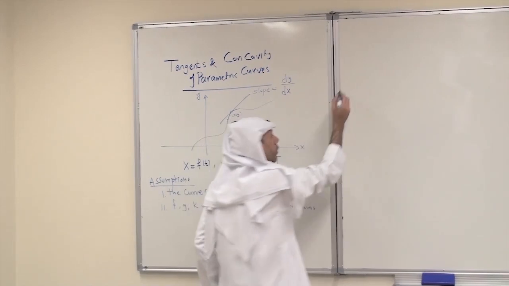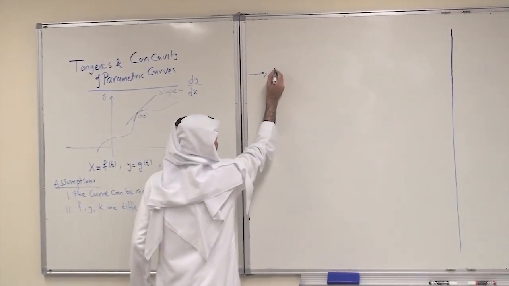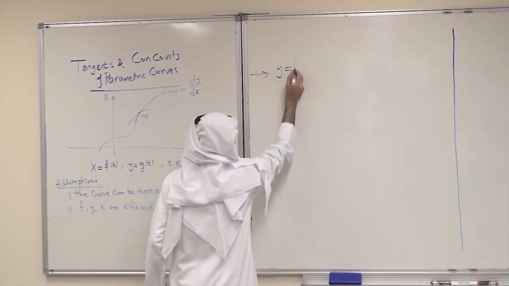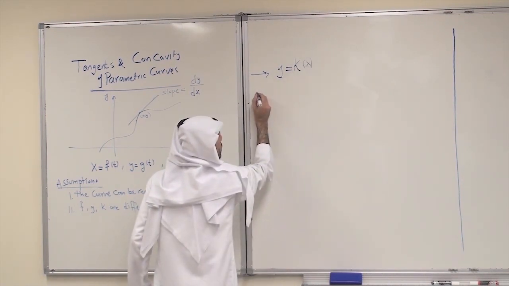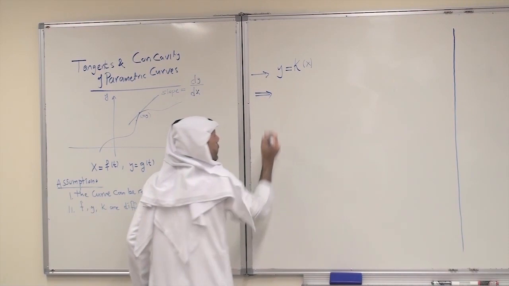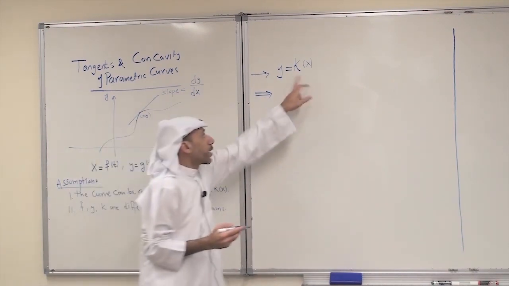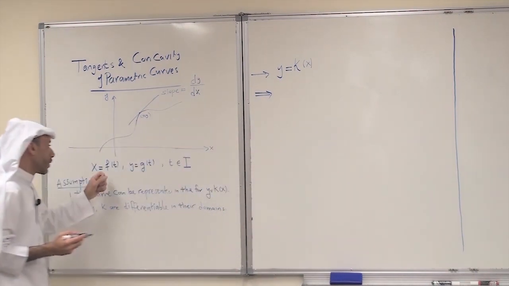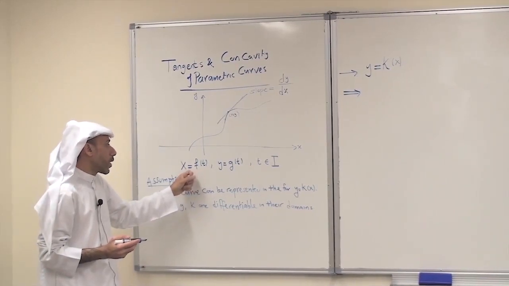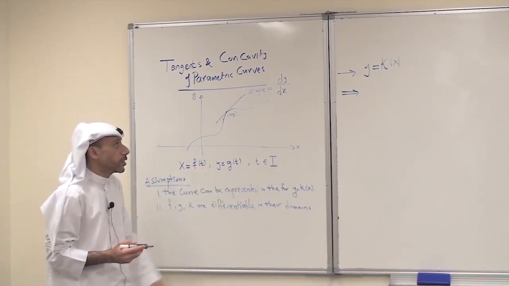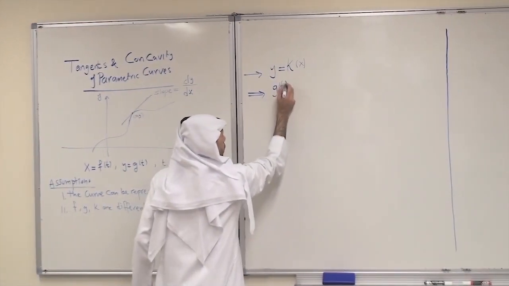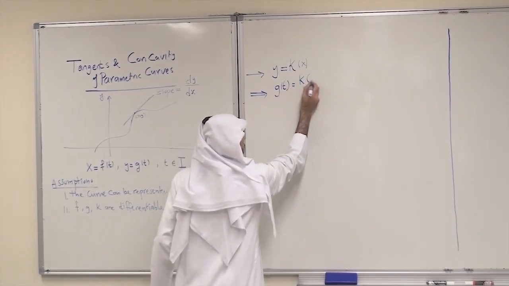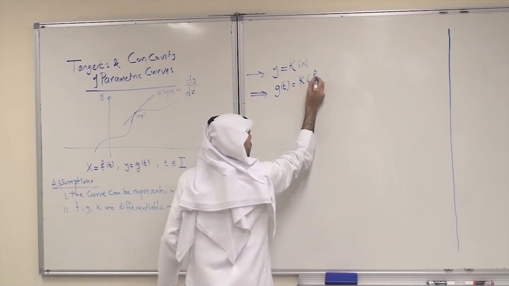So we have y equals k of x. This implies, now I will just replace x and y by their corresponding parametric equations. So x equals f of t and y equals g of t. Here I have g of t equals k of f of t.